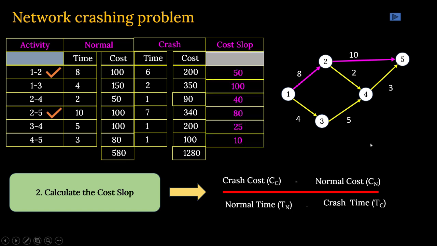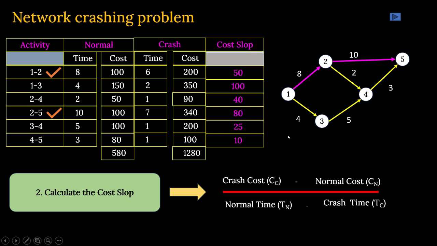Now if you calculate in that way, ultimately this will be the cost slope for all the activities enlisted there by applying this formula only. You got my point? And we can see that for 1 to 2 activity, it is 50 rupees, that means crash cost per day. 100 rupees is the next, 1 to 3, the crash cost per day. Similarly 40, 80, 25, 30.